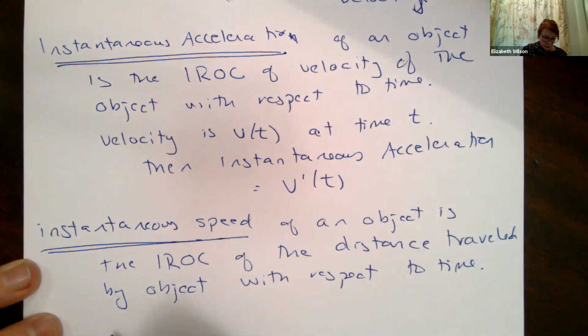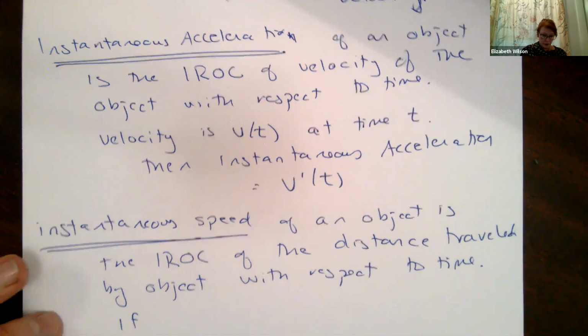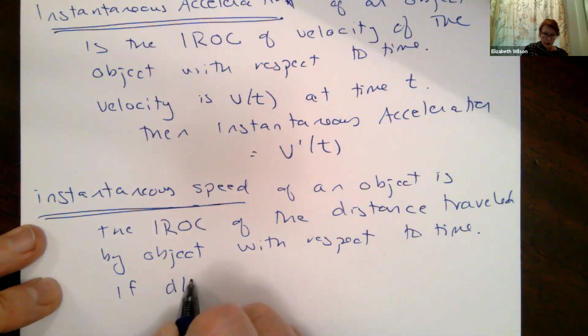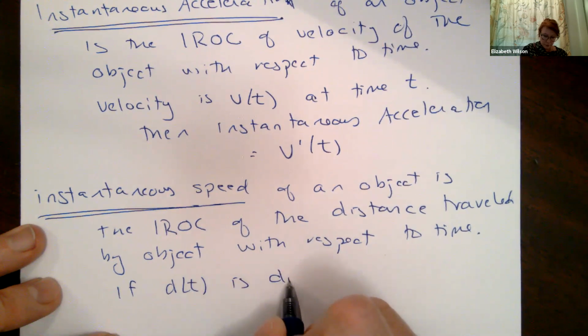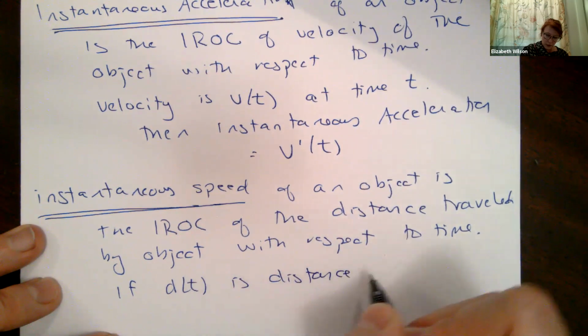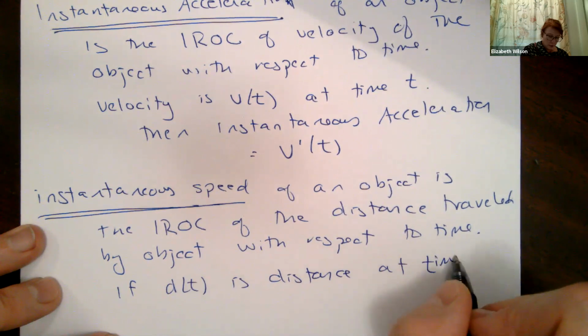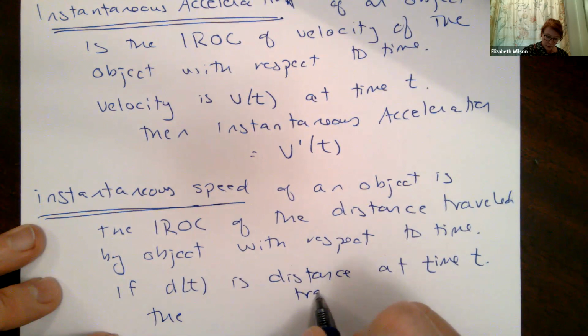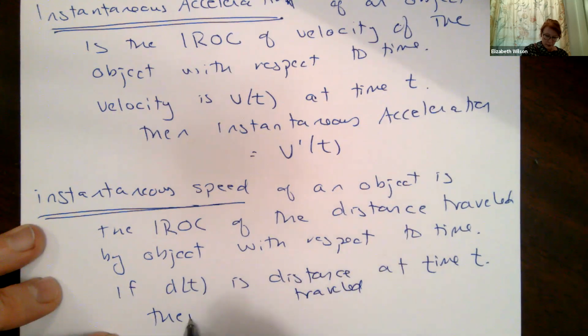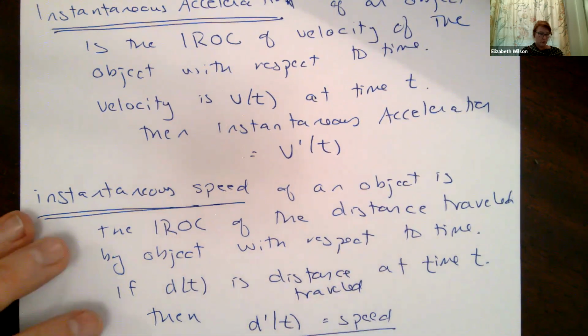So if d of t is our function representing distance traveled at time t, then d prime of t is equal to the speed.